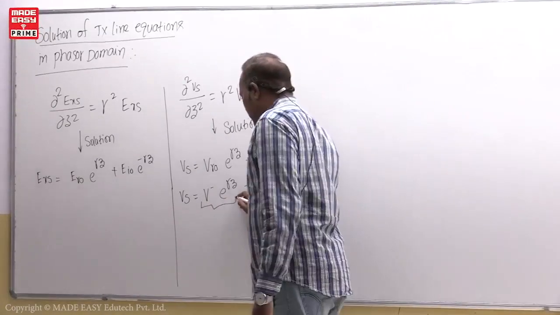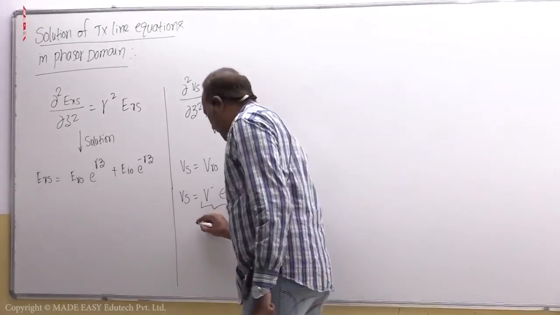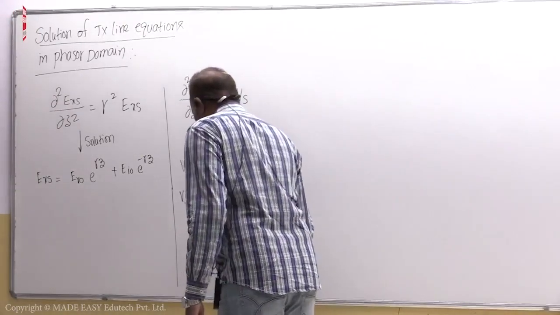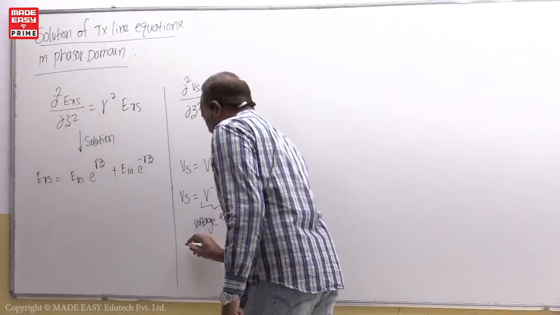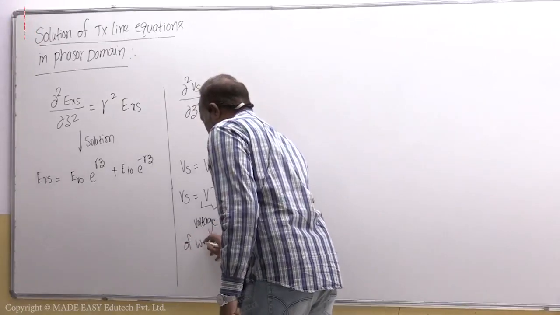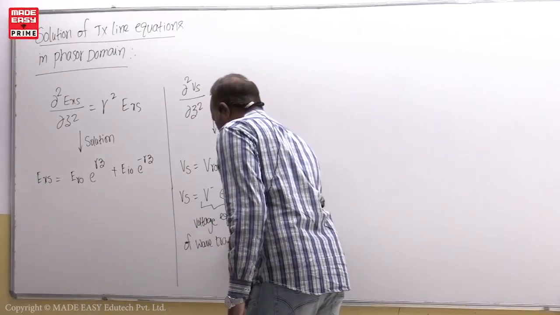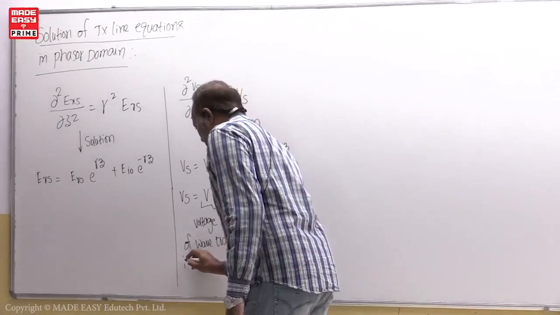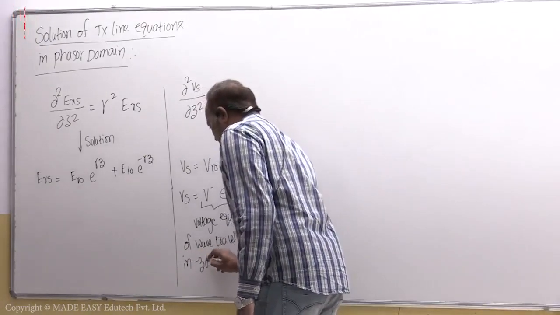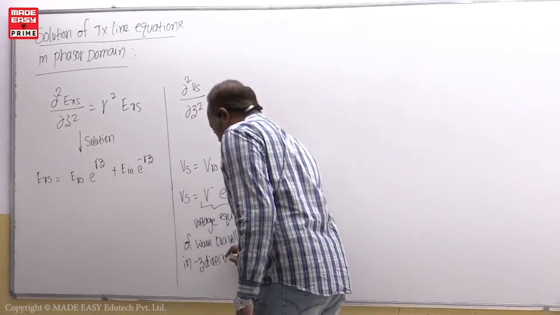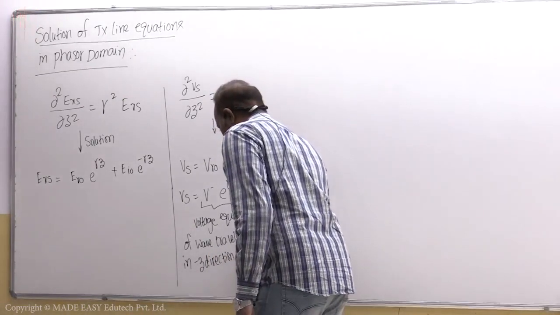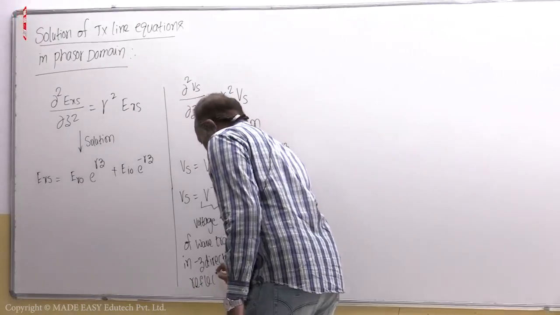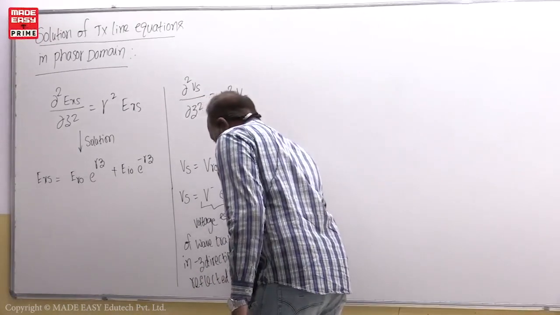This is a voltage equation of the wave traveling in the minus z direction, or otherwise it is a voltage equation of the reflected wave.